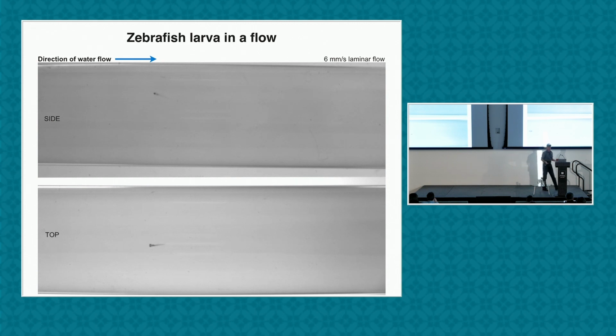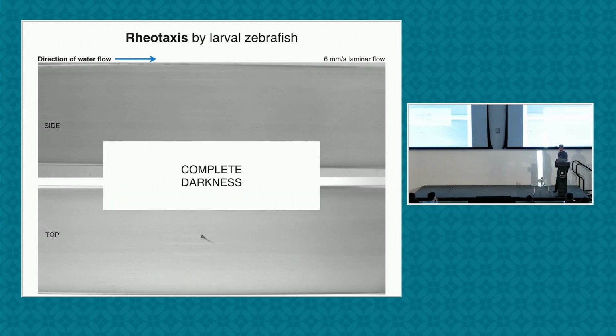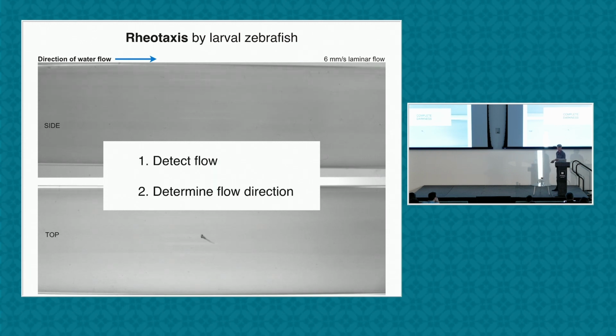You say, well, yeah, sure. The fish is seeing that it's being moved by the flow and tries to keep up with the flow. Now, the reality is that this fish is in complete darkness. It cannot see anything. The question is, how can it tell both that there is flow and determine the direction of flow so that it can engage in this counterflow behavior?